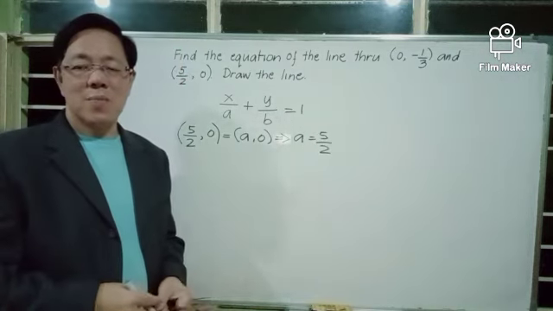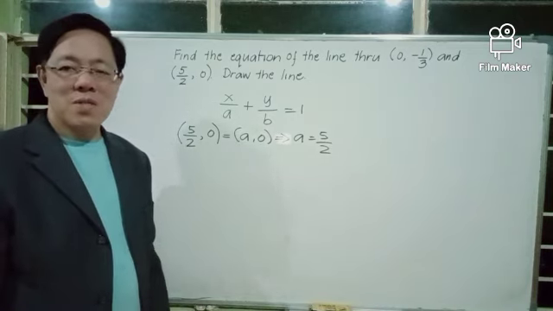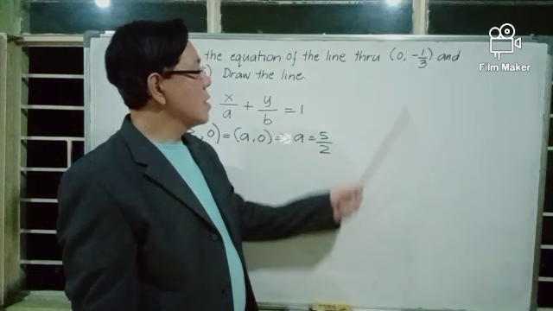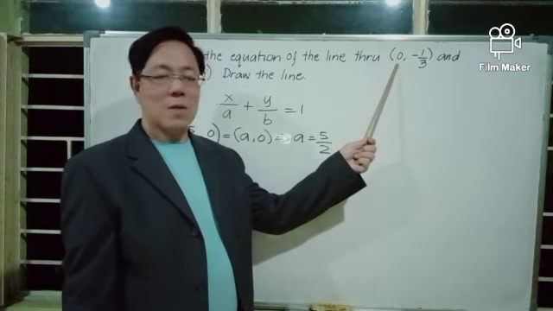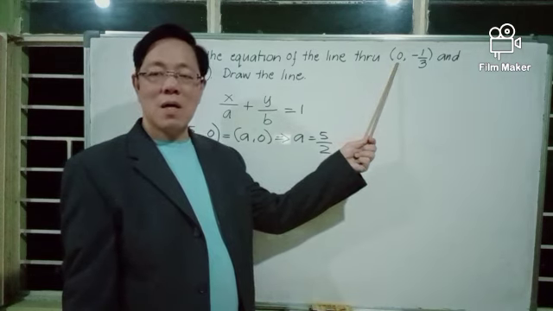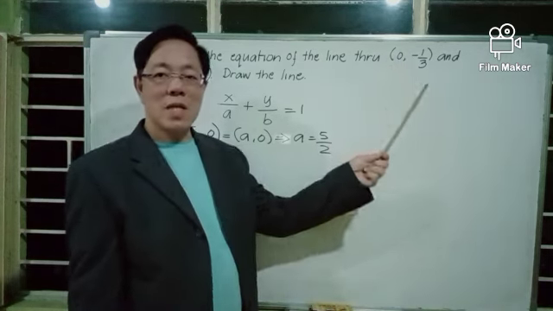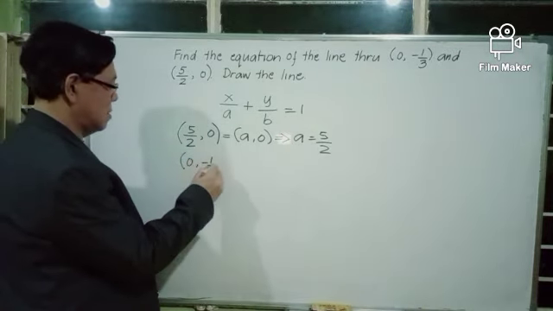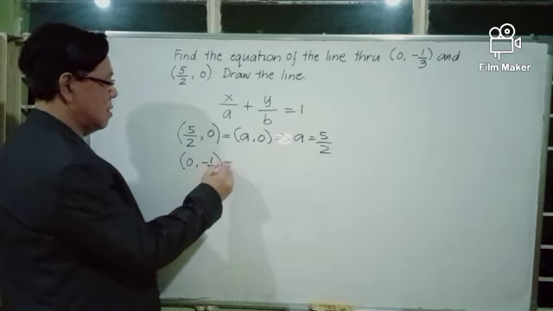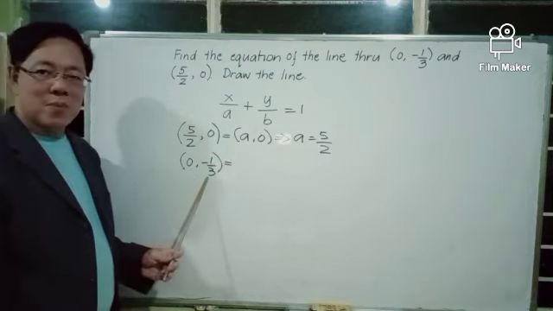The y-intercept is a point on the y-axis where the value of the abscissa x is 0. And at this point, the value of the abscissa x is 0. So this must be the y-intercept of the line, (0, -1/3).